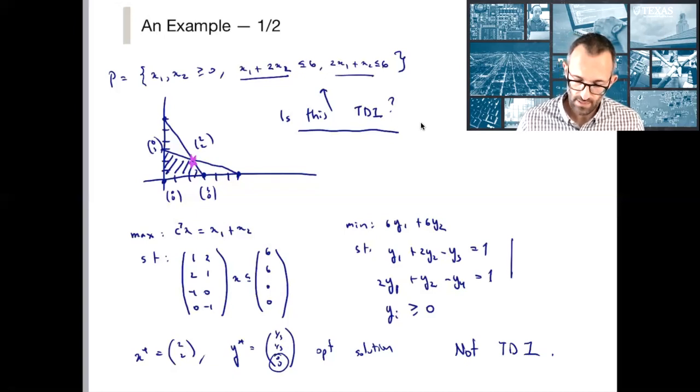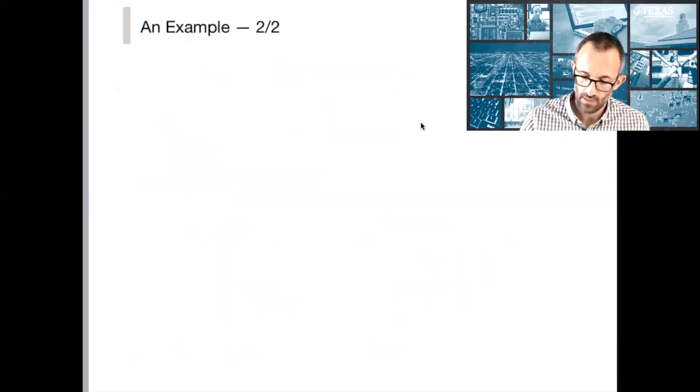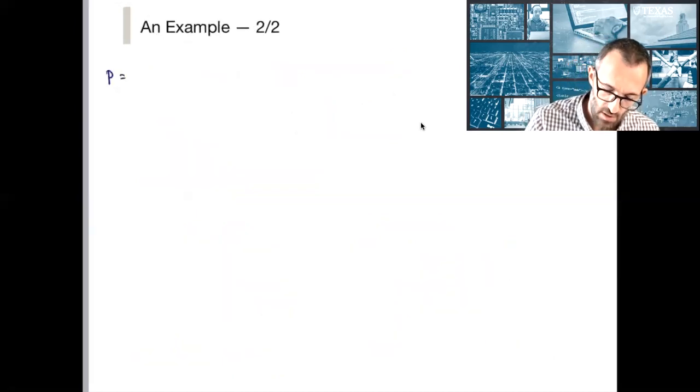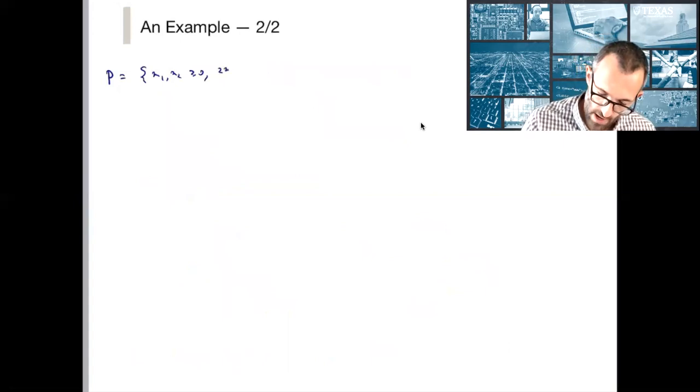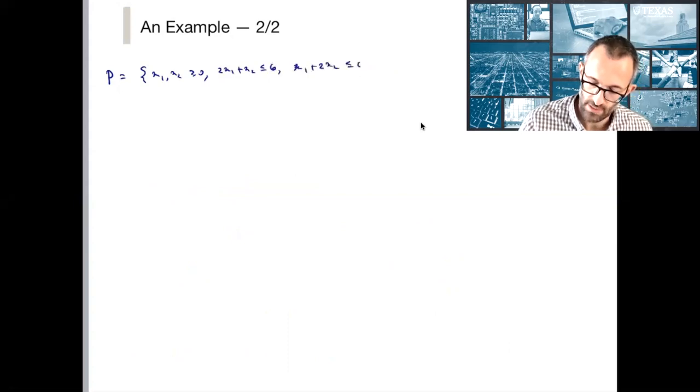Okay, well now let's represent this in a different way. So now let's note that P, which is equal to x1, x2 greater than or equal to 0, 2x1 + x2 ≤ 6, x1 + 2x2 ≤ 6. I can also just add the constraint x1 + x2 ≤ 4.